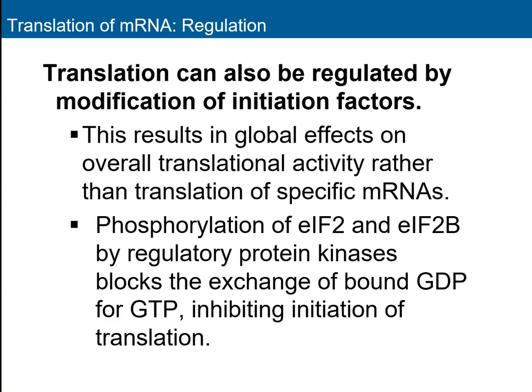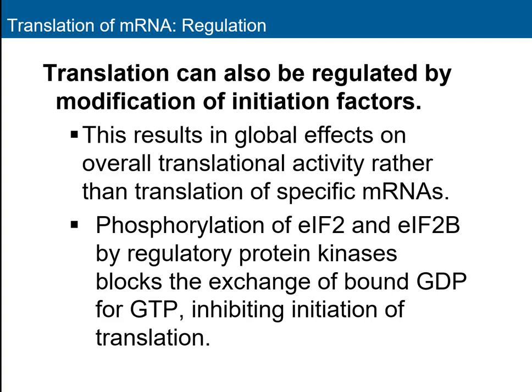We talked about repressor proteins and that ferritin example. Ferritin is a protein that's regulated based on whether iron is present or not, and there's a particular repressor protein that will repress translation of it. We also just mentioned RNAi, or siRNAs and microRNAs, that are involved in regulating translation.